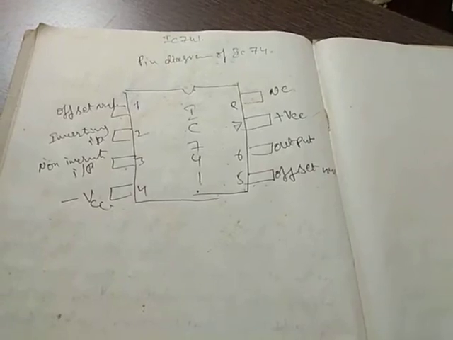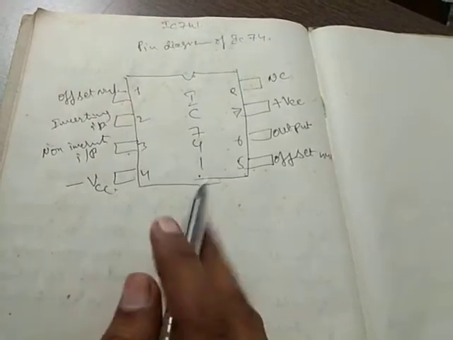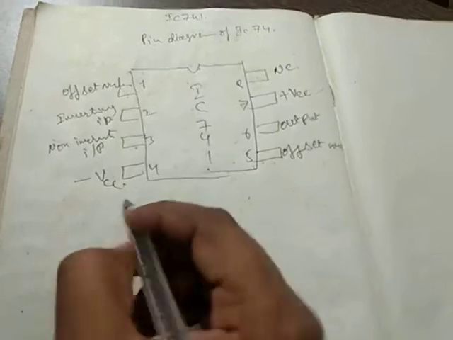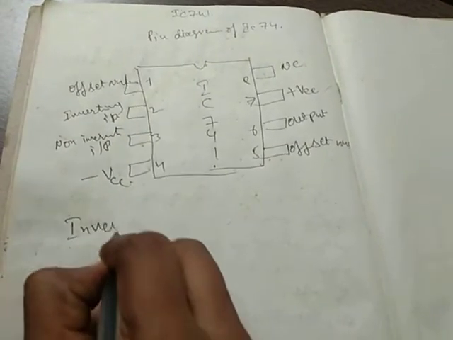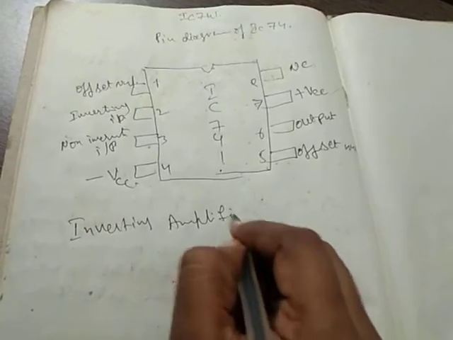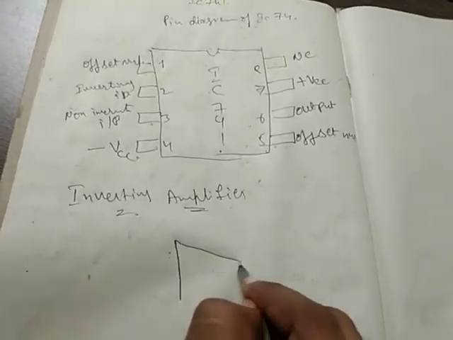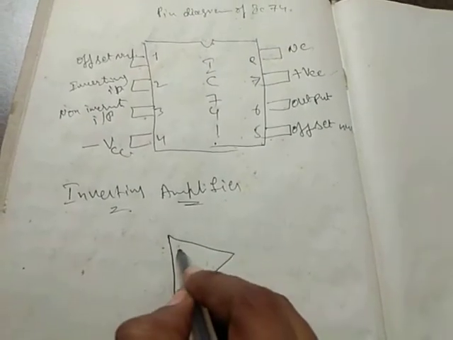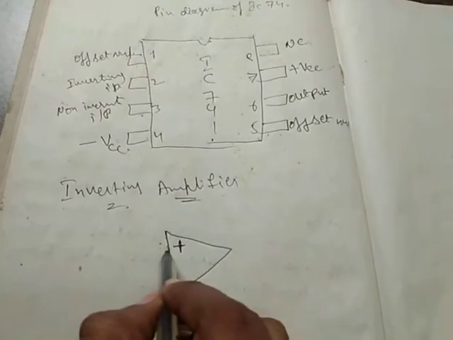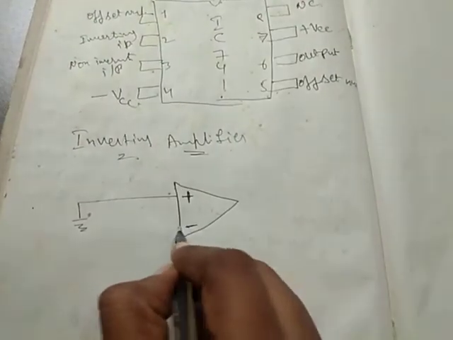Op amps are divided into inverting and non-inverting amplifiers. First one, inverting amplifier. The inverting amplifier circuit diagram is like this. This is positive, positive means non-inverting, so this is grounded and this is inverting.